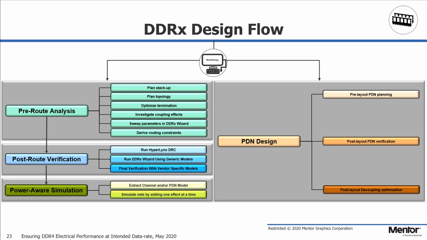But let's say you just follow all of the routing rules provided by the device vendors, you will still want to verify in the post-layout stage that your design has expected margins by considering all of the electrical factors I covered earlier. I'll demo these two steps in the design flow in this webinar that's highlighted in red. We will cover the other analysis in this flowchart in separate webinars.